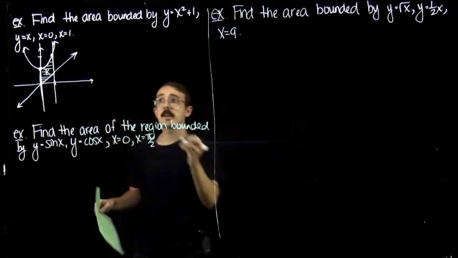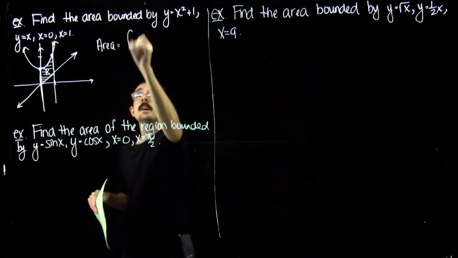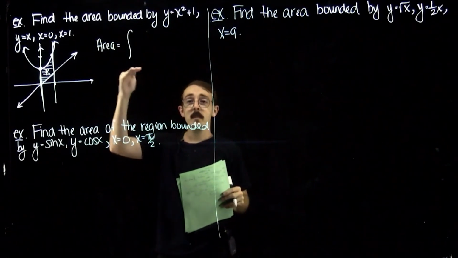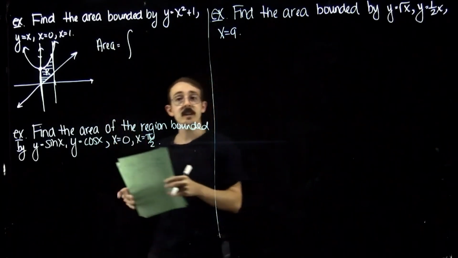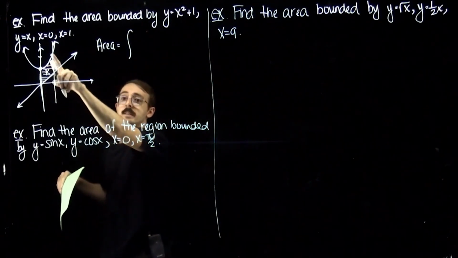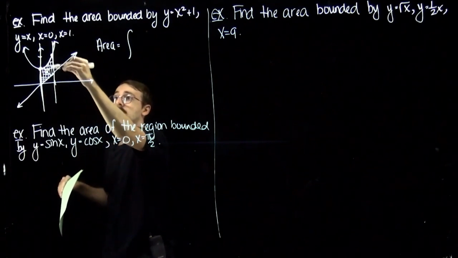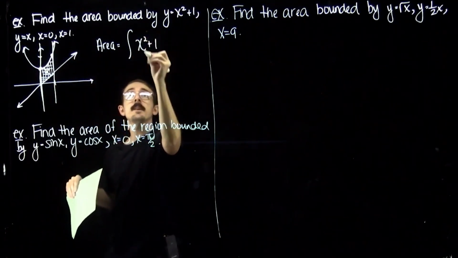And that's the region that we're trying to find the area of. So the area formula that we just learned on the previous screen, it's the integral of the function above minus the function below. So if you've drawn a good enough picture, you can identify what those are. The function that's on top for this region is x squared plus 1.